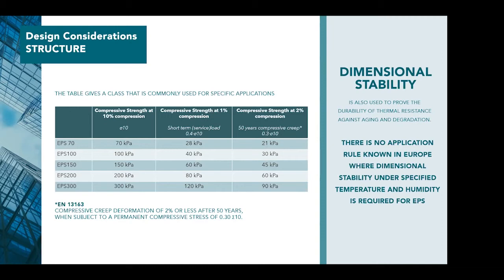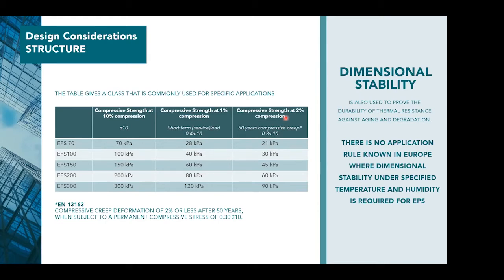Something to be aware of when looking at EPS, and equally any other material out there, is the structural design of the material and its fitness for purpose on loading. When we're designing something to compress 10%, it's too much. So we need to apply factors and look at the 1% compression of the material and how it stacks up.